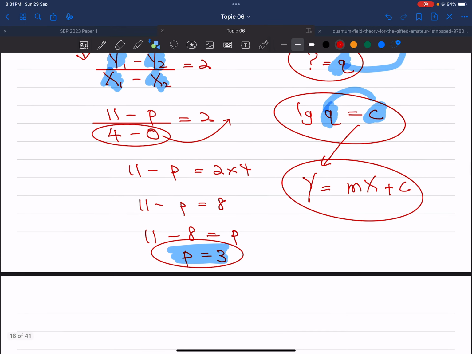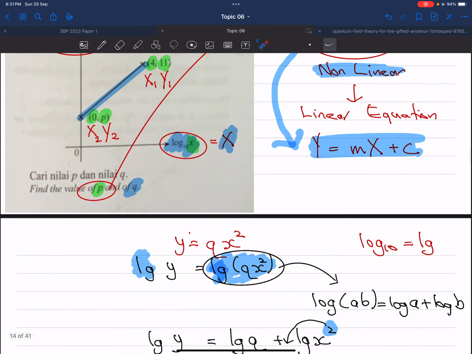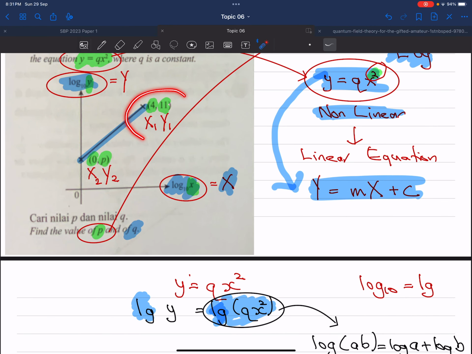Keep in mind, if I want to find the value of C, I must replace the value of capital Y, the value of capital X, and the value of the gradient. And capital Y, capital X have two values. I can use x1, y1. I can use x2, y2. I will choose x2, y2 because we have 0.